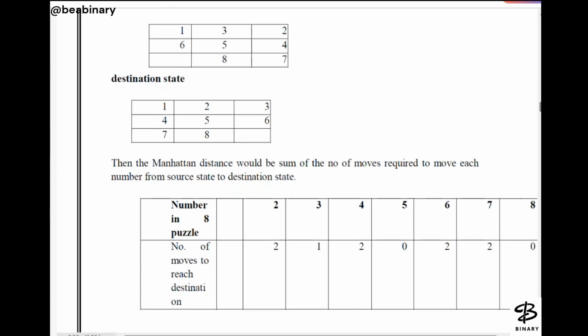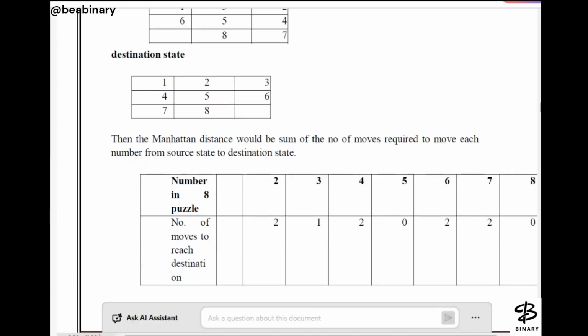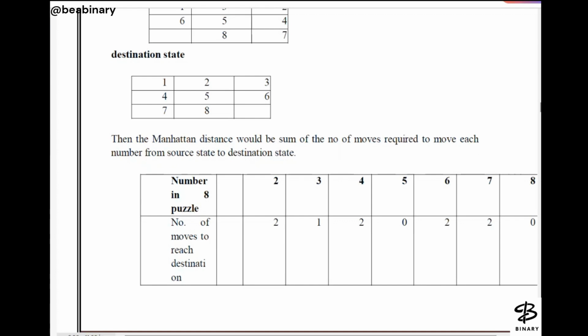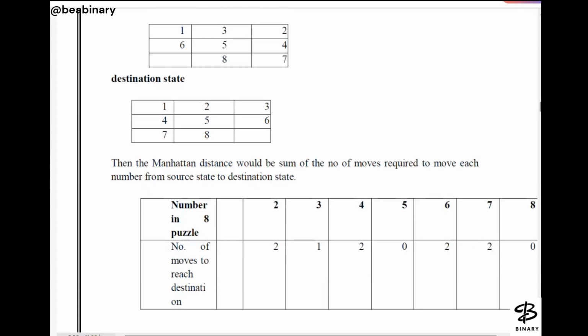Now, the number of moves for each number to reach the destination state: for 2 it is 2, for 3 it is 1, for 4 it is 2, and for 5 it is 0. Why is 5 zero? Because 5 is already at its destination state. 2 is not at the destination state, and if we interchange the 2 and the 3 somewhere, we will get the 2. For the 2 we need to move 2 times, and for 3 we need to move 1 time.